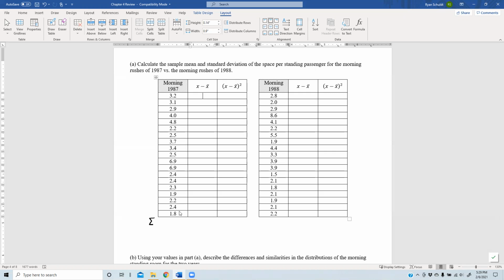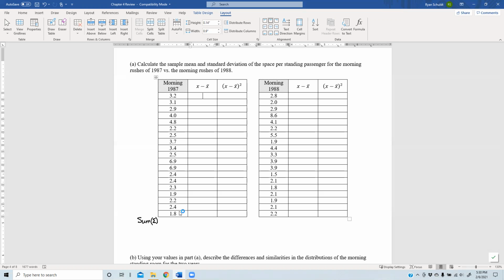I'm going to add up 3.2 plus 3.1 plus 2.9, etc. I'm just going to write the word sum down here, but know that the summation symbol is capital sigma.